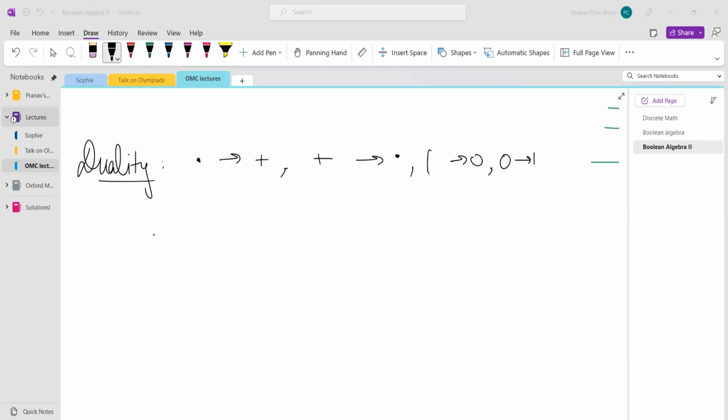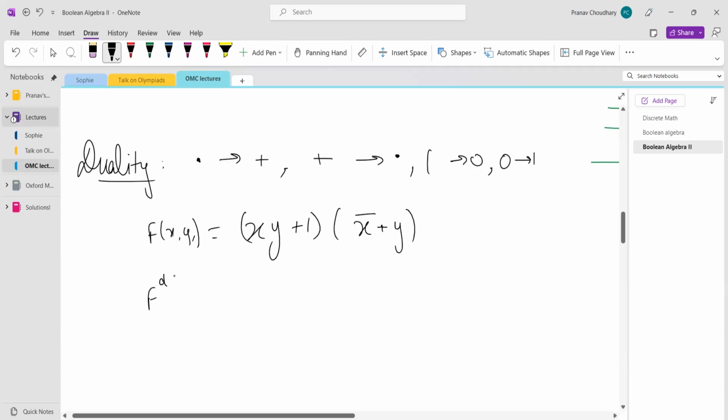So suppose you have this function f of x comma y, which is xy plus 1 times x conjugate plus y. The dual of this is represented by f to the power d.